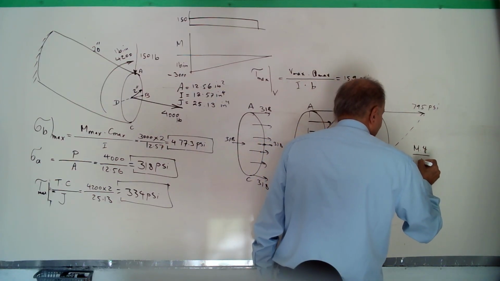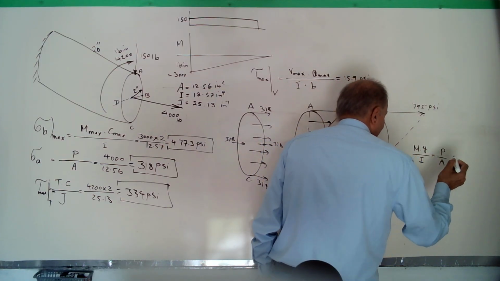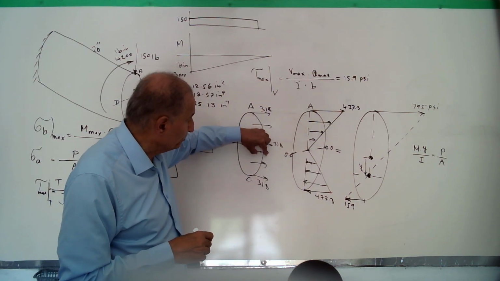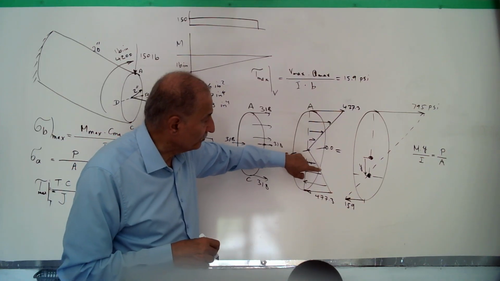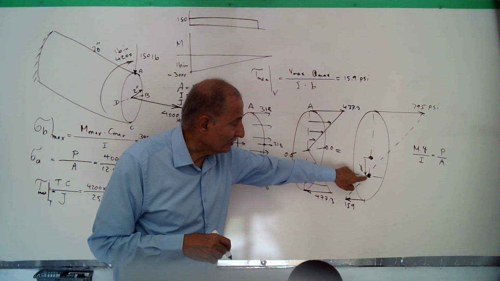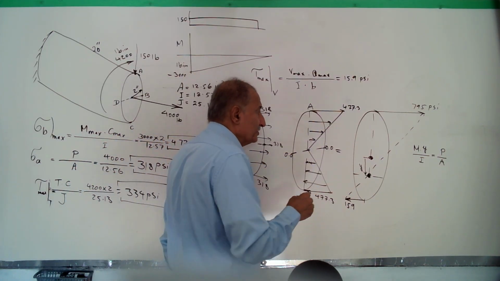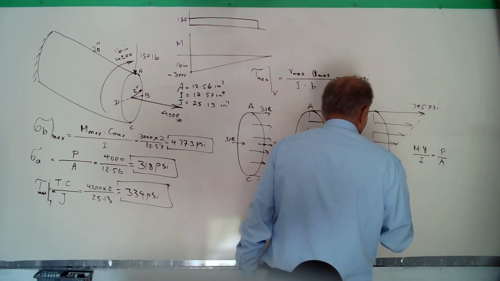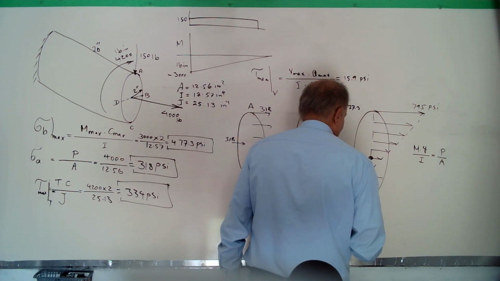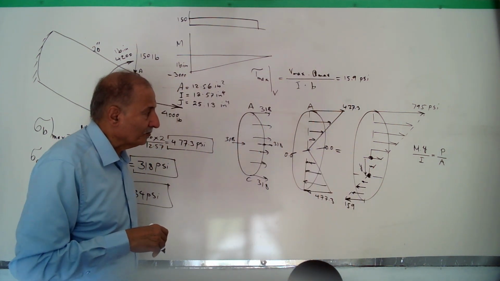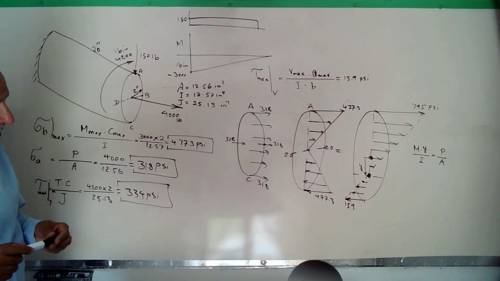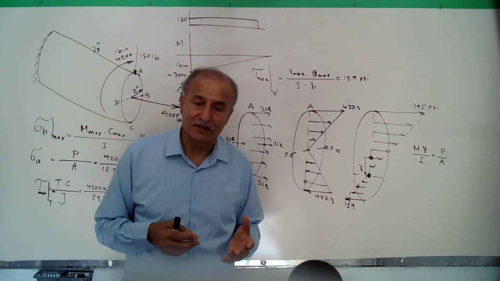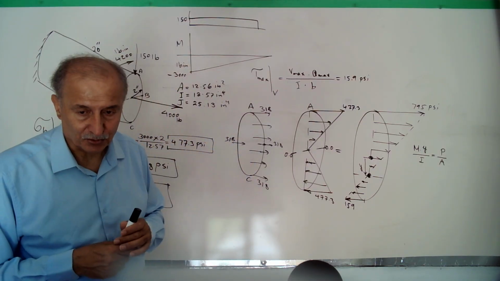M times Y divided by I must be equal to P over A. The stress at this point must be equal to P over A in order for this point to become the neutral axis, where stress will be 0. Then the distribution of normal stress in the cross section of the beam is like that, tensile and compressive. That's the combination of normal stresses, axial and bending, added together.